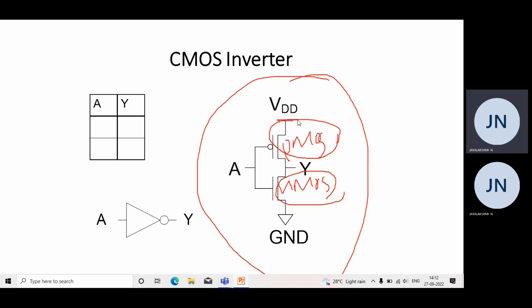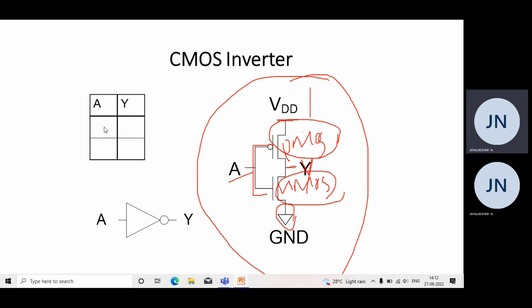Here, the bar indicates VDD and this triangle indicates the ground. The gates of both transistors are tied together and given as input A, and the drains of these two transistors are given as output Y.